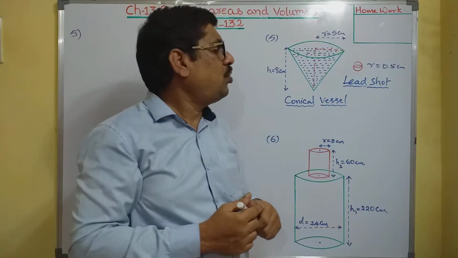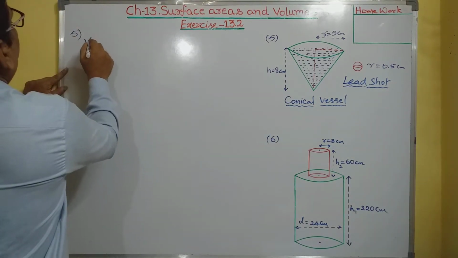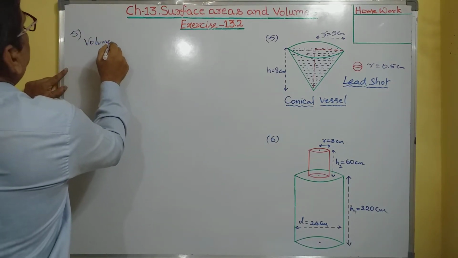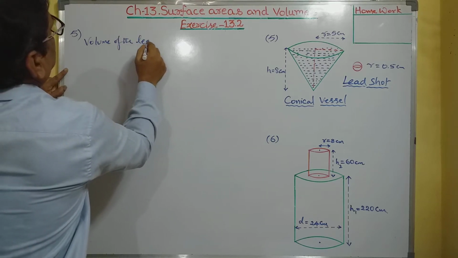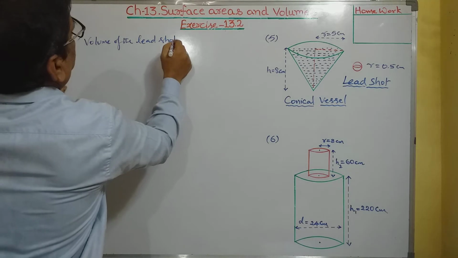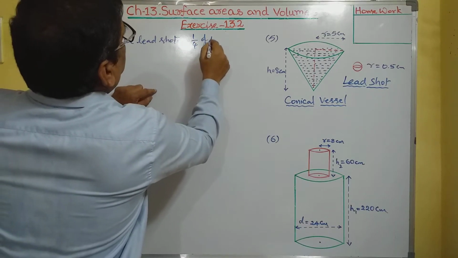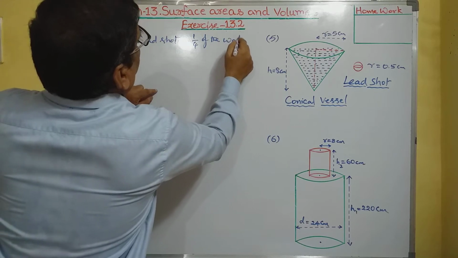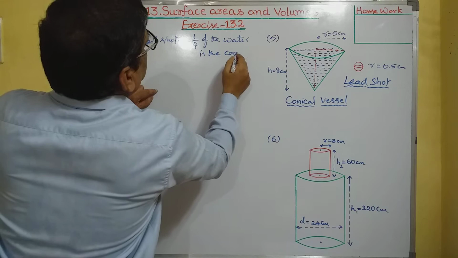So here you need to observe that the volume of the lead shots is equal to 1/4 of the water in the cone. Why?